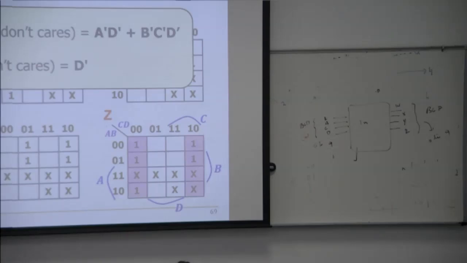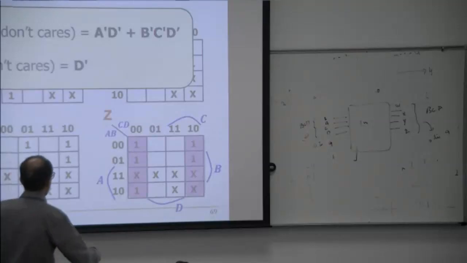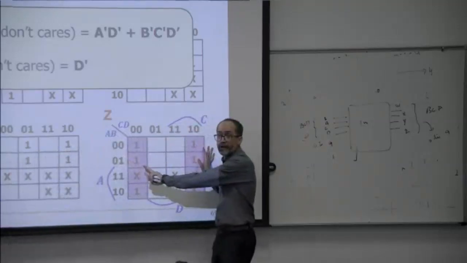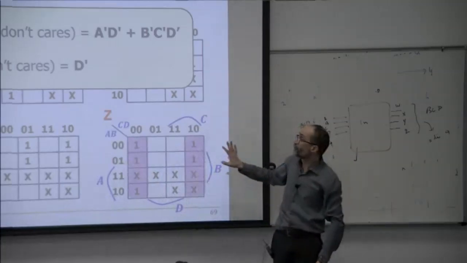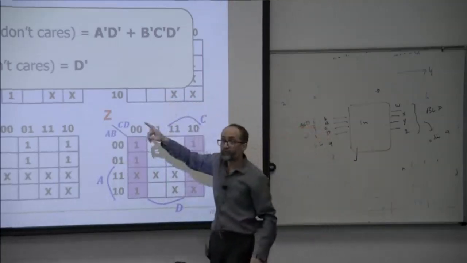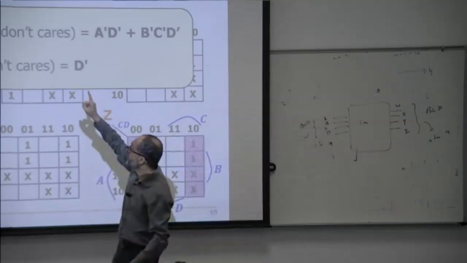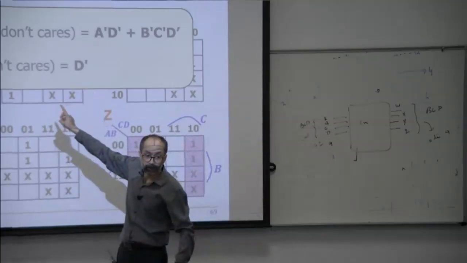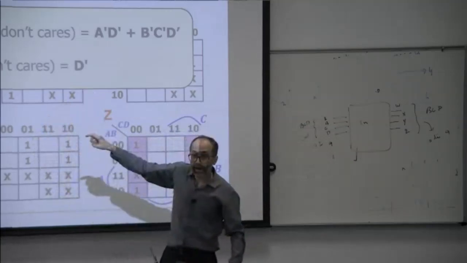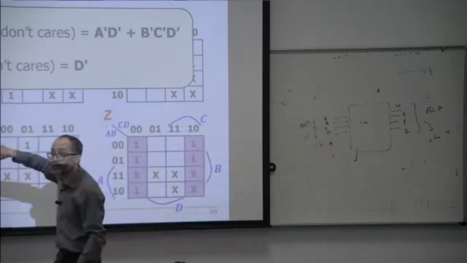Which approach is better, including don't care or excluding don't care? Including don't care. The logic expression is further minimized, because if we combine the don't cares with all these ones, we have a big group and all of the ones are covered. So similarly, this is your homework. You also find an expression for W, X, Y, and Z with don't care and without.